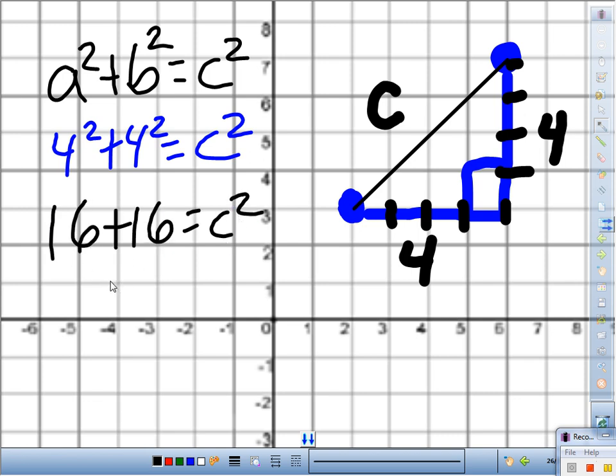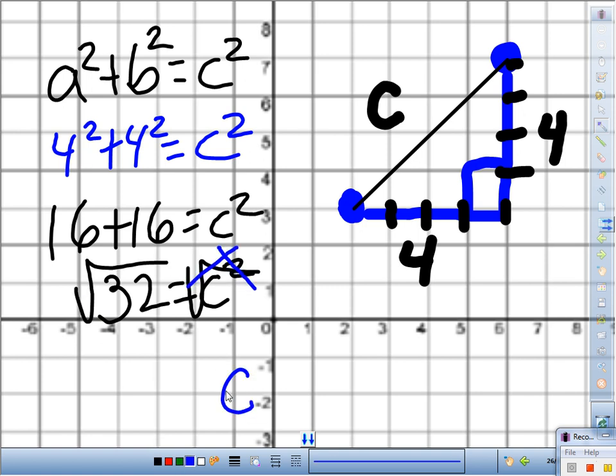Simplify, so that's what? Squared. And last step, Charlie, what do we do? Square root, square root. So check this out. This cancels this. We're left with C.